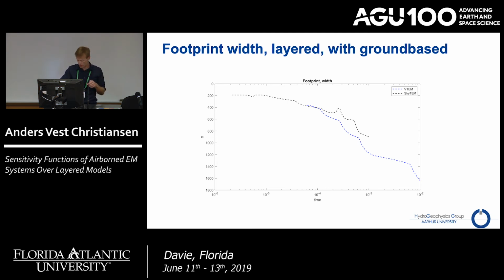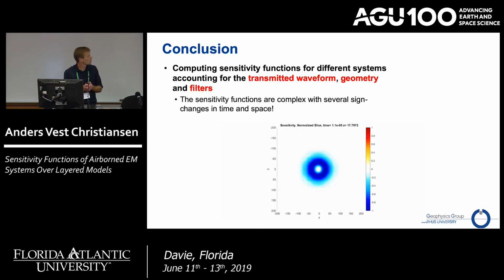So that brings me to the conclusions. With this, I've shown that we can compute sensitivity functions for different systems, accounting for waveform and geometry and filters and whatever you want to model. Illustrated nicely with this little animation, the sensitivity functions are complex and there are several sign changes in both time and space. If you plot it in different directions, it gets only more complicated.